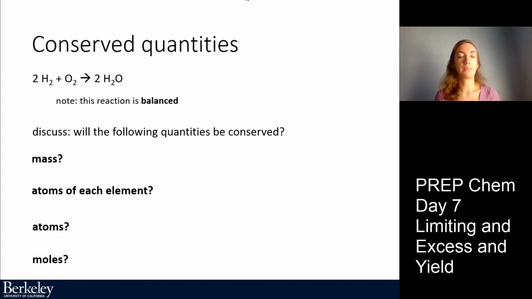So mass, that is, if I start out with 100 grams of total reactants and run this reaction for a while, will I still have a total of 100 grams of stuff? Number of atoms of each element, number of atoms period, and then total moles of molecules of any kind.